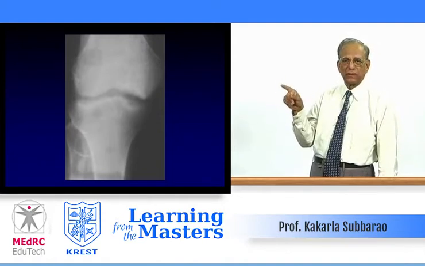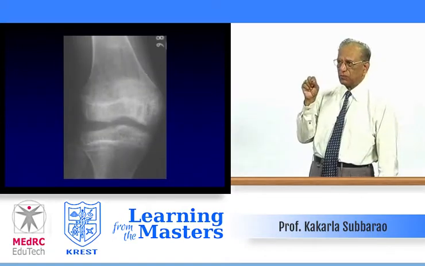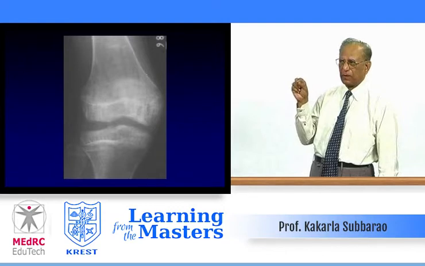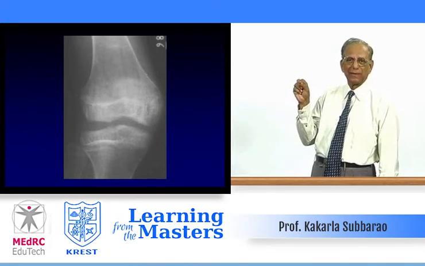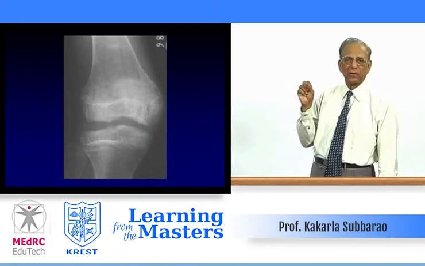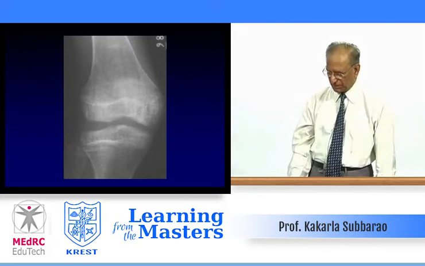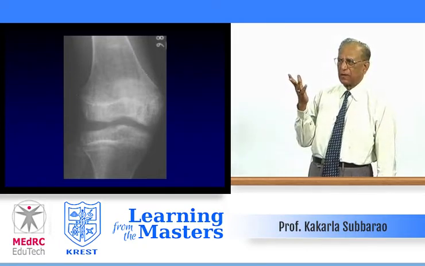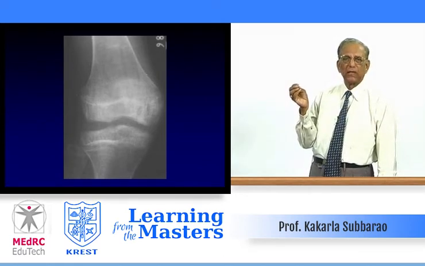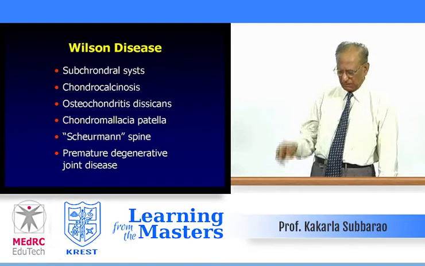Similar changes are seen. If you notice, the smooth margin of the articular end of the lower end of the femur or upper end of the tibia, the articular margins, are irregular, fringing. That finding is important to diagnose Wilson disease. Ossicles we were mentioning at the ulnar styloid process, multiple ossicles because of the deficiency in the calcification of the cartilage.